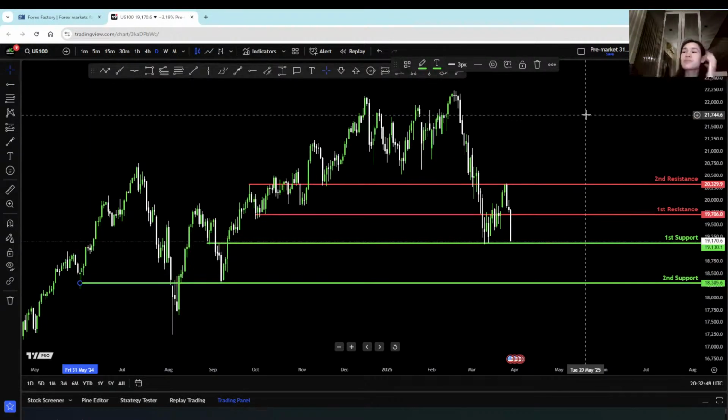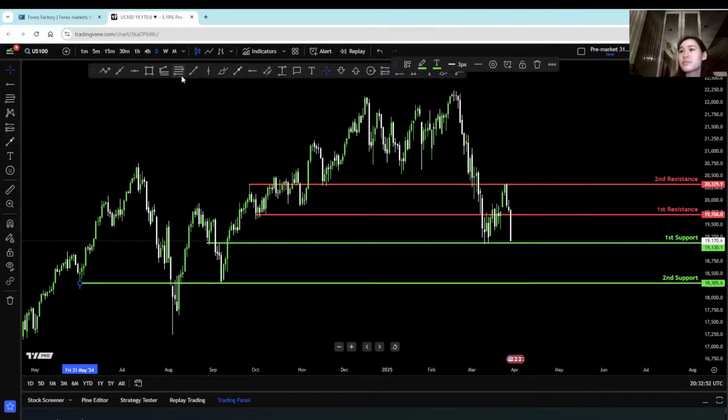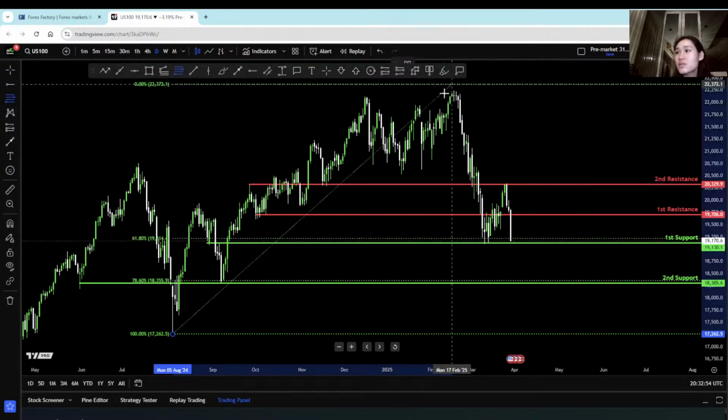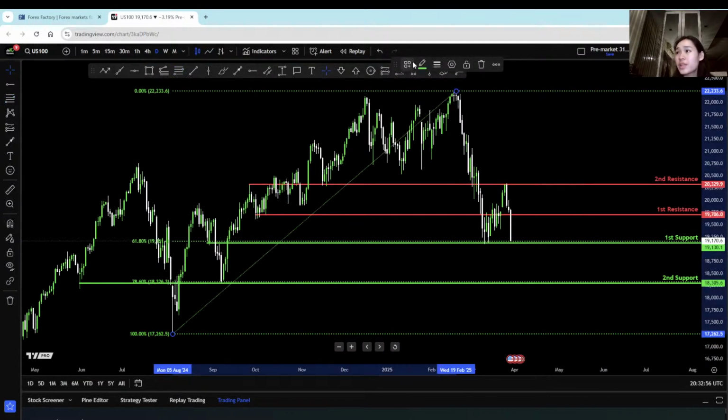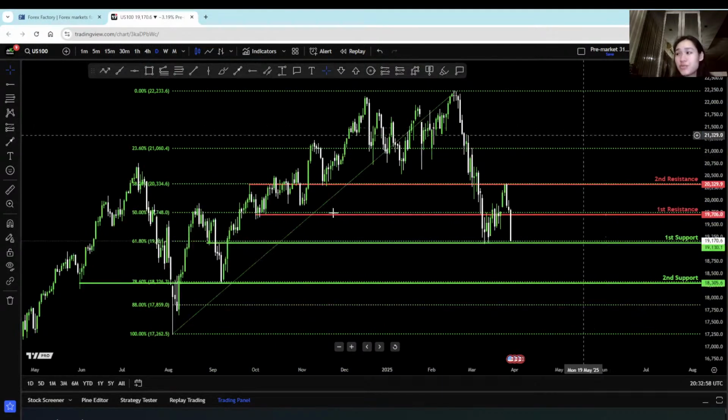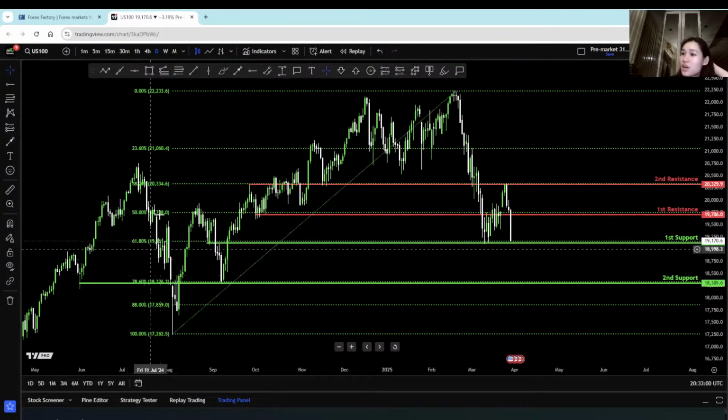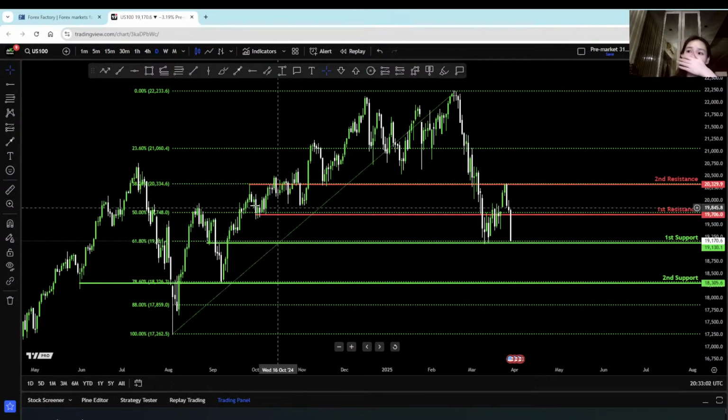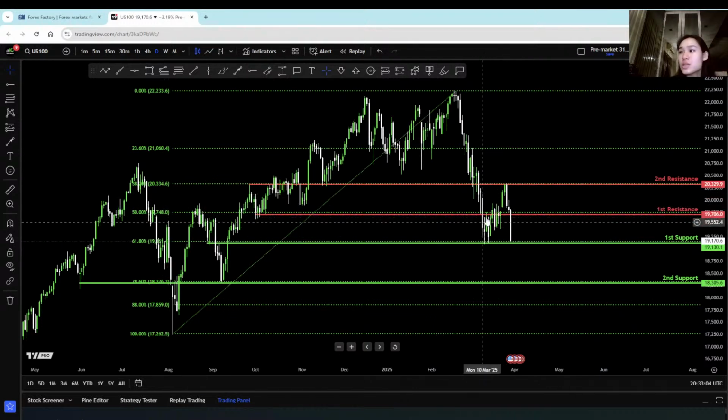Okay. So again, similarly, I'm going in with a Fibonacci retracement first. 61 lines up, 78 as well. 50, as I mentioned earlier, you can't use it because the price has already broken out.